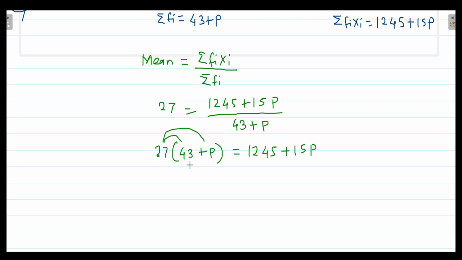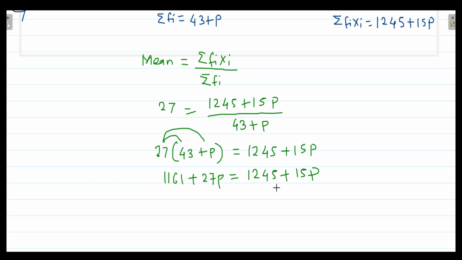Sometimes we multiply just to the one term and forget to multiply the another term. So 27 multiplied by 43, and that will be 1161 plus 27P. So which is equal to 1245 plus 15P. Now collect the like terms. So sorry, this will be 27P.